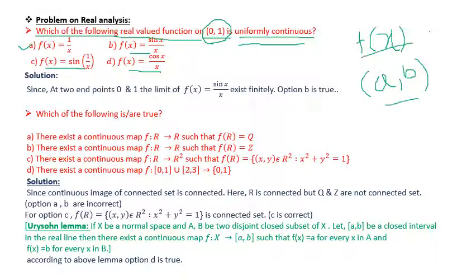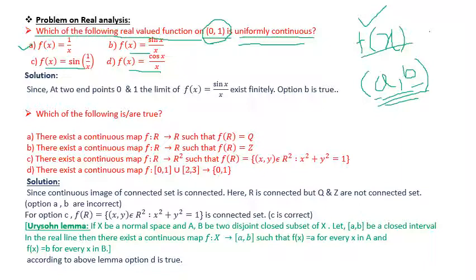Now this function f(x) is called uniformly continuous throughout this interval if it is continuous within the interval (a,b) and the limit at both ends exists finitely.